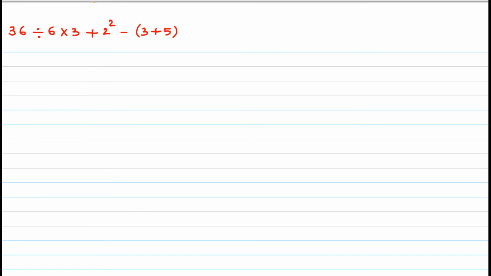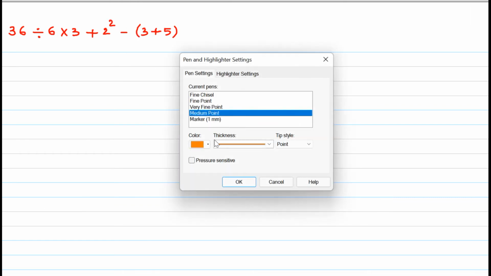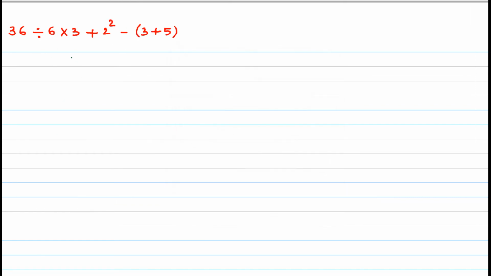Yes, so this is the first problem we are going to solve. Let us see. Yeah, as we know, let me write this once again. By BODMAS, bracket first, I need to solve the bracket. Bracket means the innermost bracket should be solved first. Of course we have only one bracket, so I want to solve this part only.